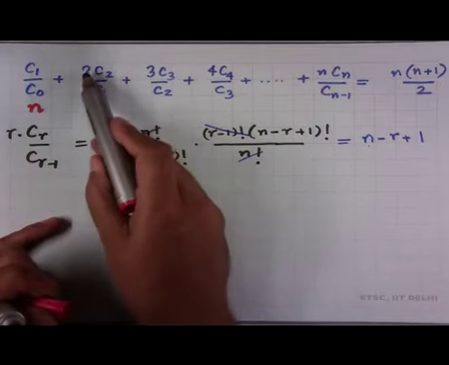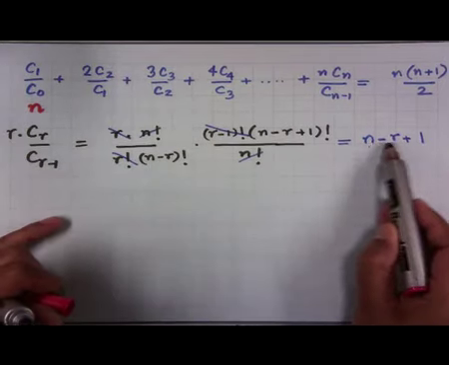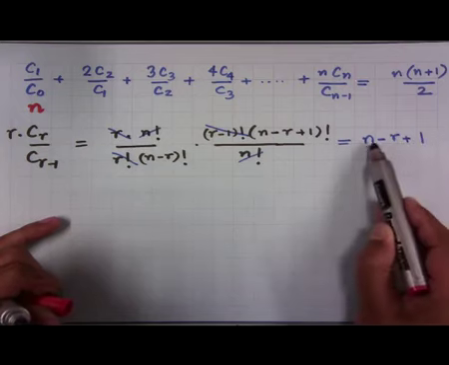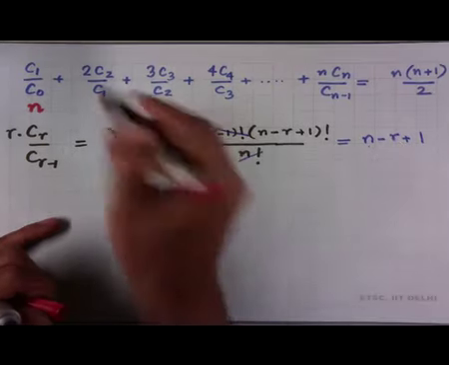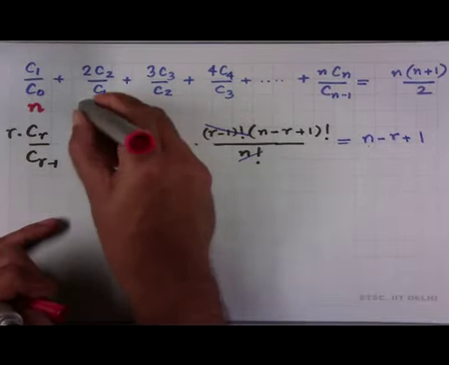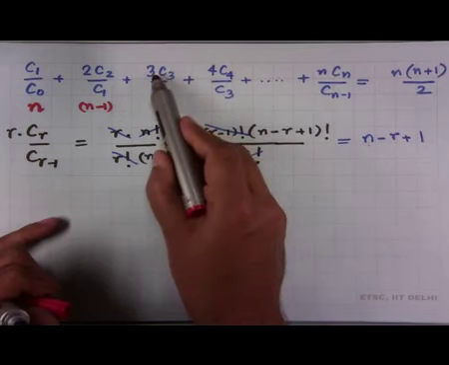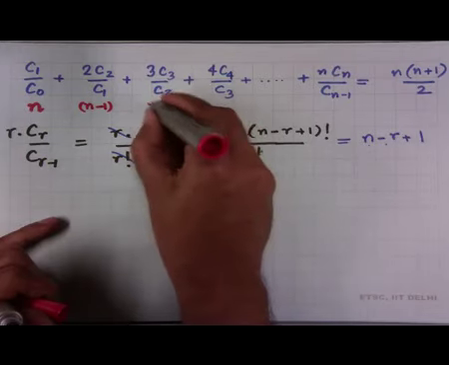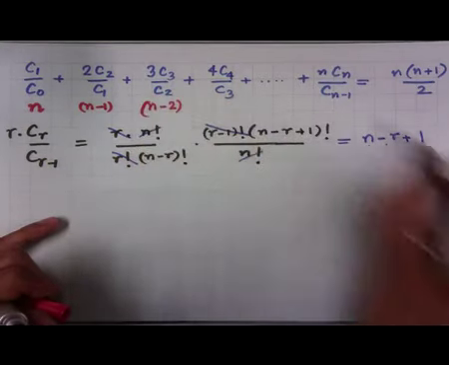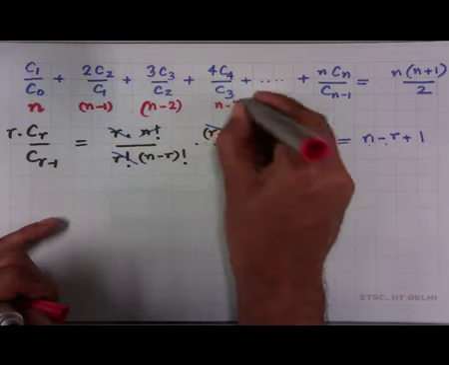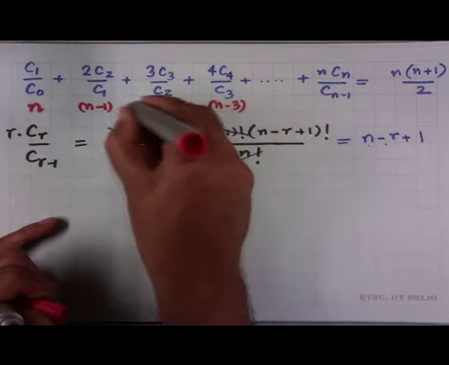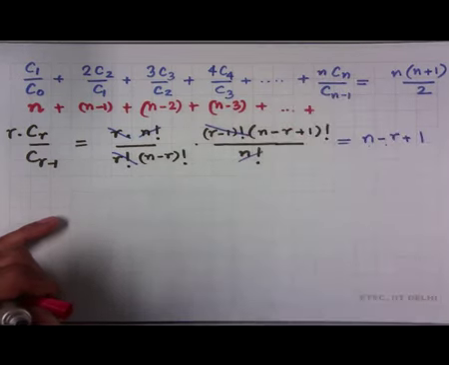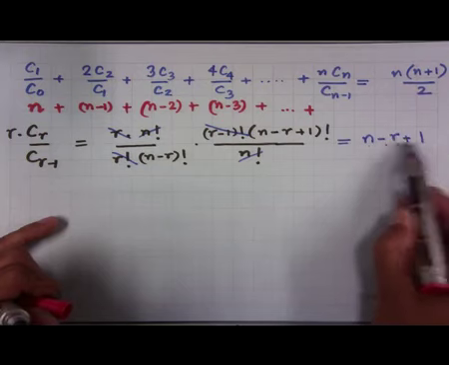The next term is the 2nd term, n minus 2 plus 1, which is n minus 1. The third term, r equal to 3, n minus 3 plus 1. The fourth term will be n minus 3, all the way till the nth term, n minus n plus 1.